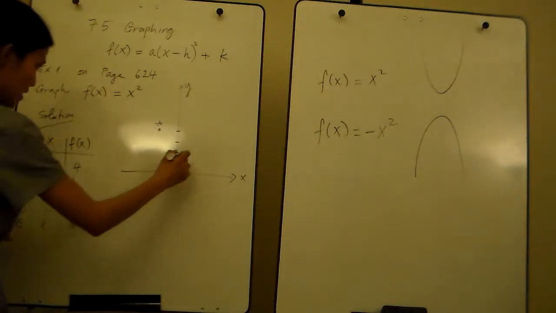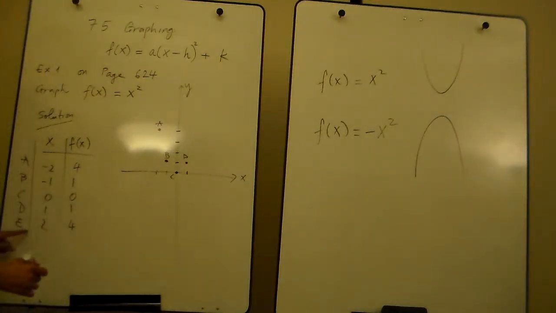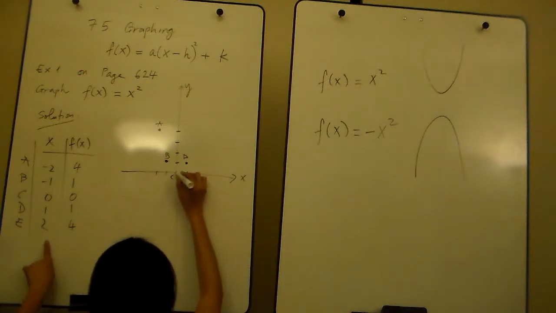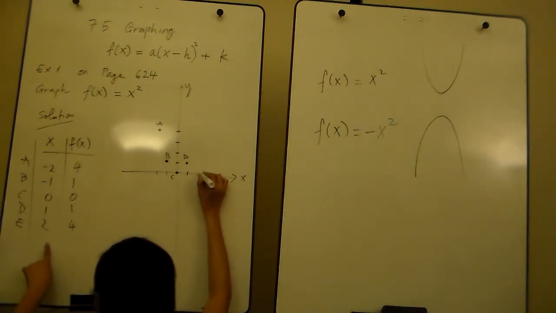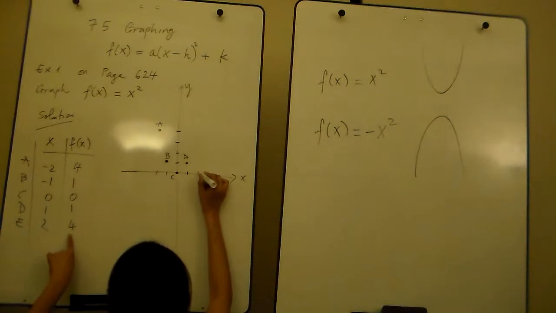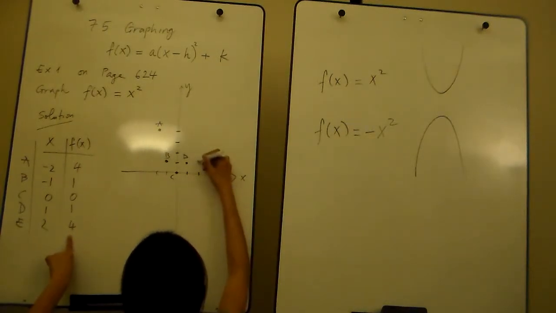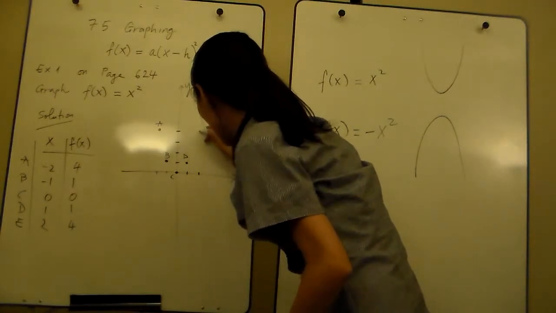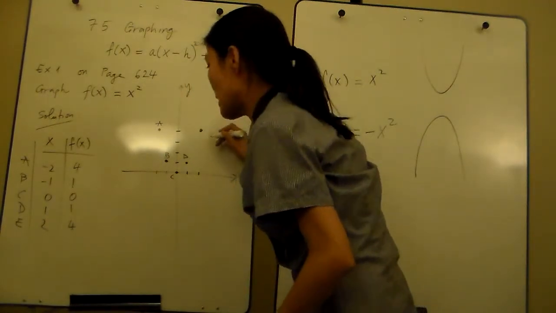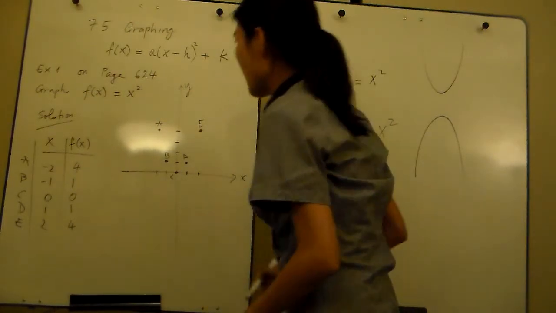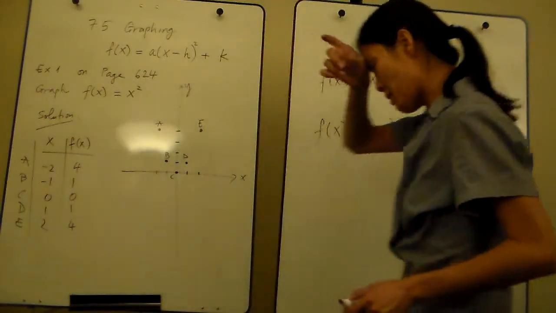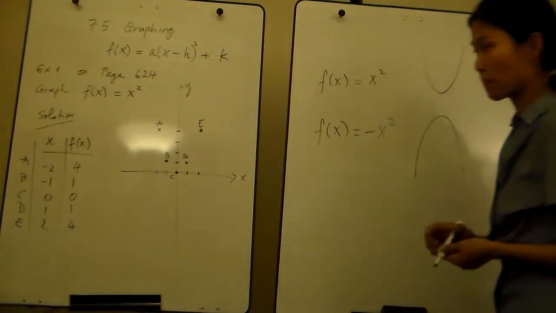So this point right here is D, and the last one is x equal 2, y equal 4. So you go to the right 2 units from the origin, 1, 2, and 4 positive, you go up 4 units for y, 1, 2, 3, 4. So this point right here is E. And you already know that when you see x squared positive, the curve will open up.